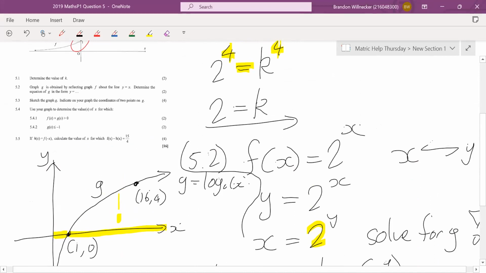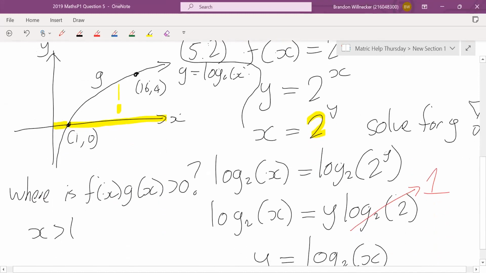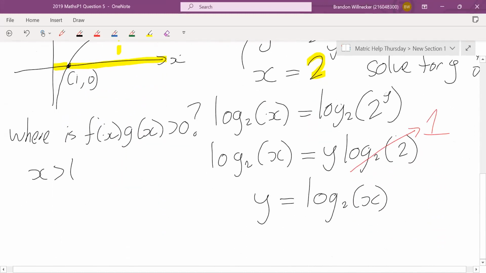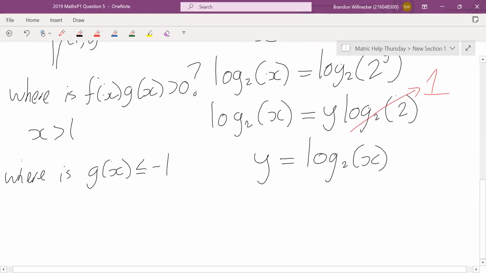Again, use your graph to determine for which values of x is g of x less than or equal to -1. Let's just write out g because we know what that is.